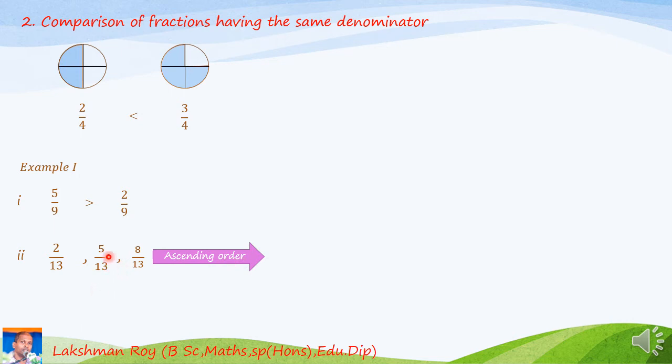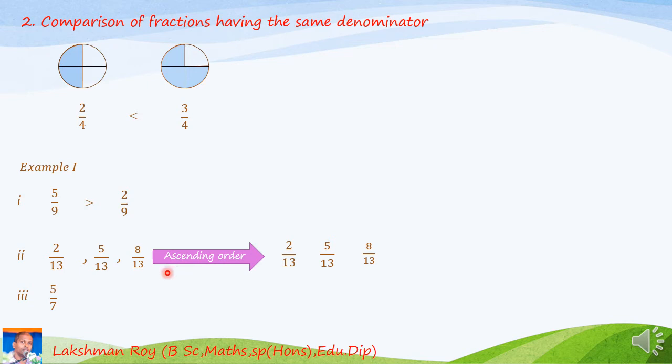We compare using the numerator: 2 parts, 5 parts, 8 parts. That means 2 parts is small because taken only 2 parts. So 2/13 is smallest, then 5/13, but the biggest one is 8/13. You can put the inequality symbol if you want, or separate by commas. So that is ascending order, small one to big one.